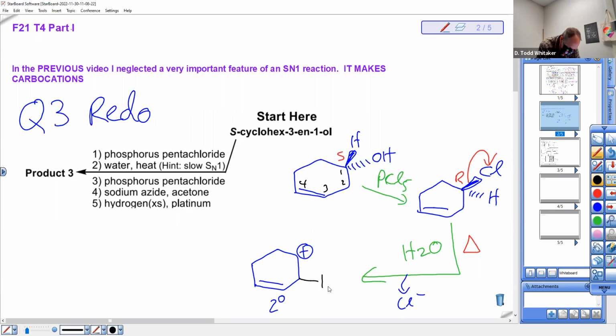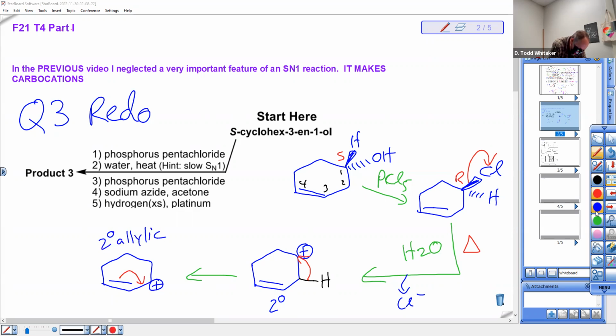If you move this H to here, you have generated a superior cation that is called secondary allylic. It can resonate. That's why it's so easy to make 2 equally stable resonance forms.